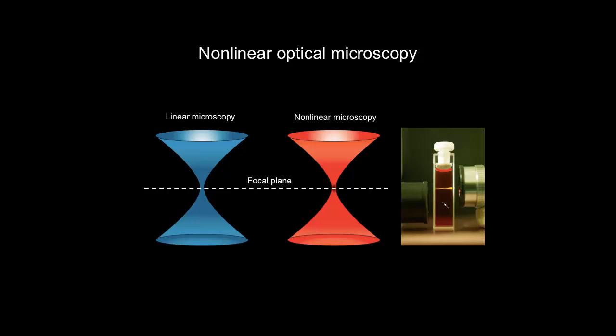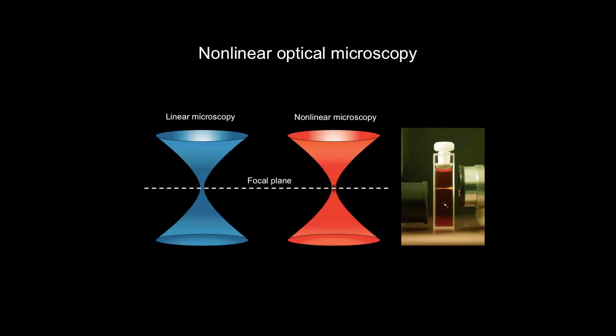This is how the excitation looks in the specimen when you focus it. So even if the intensity drops as you depart the focus, you still generate some fluorescence because of the linear dependence of the fluorescence on the intensity.